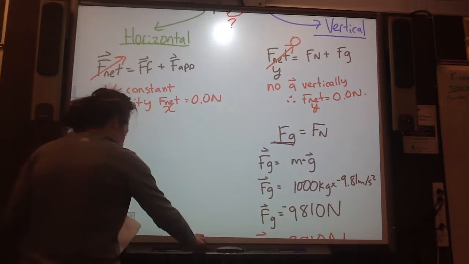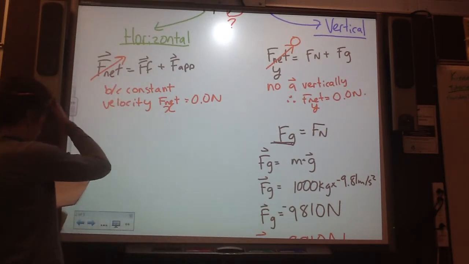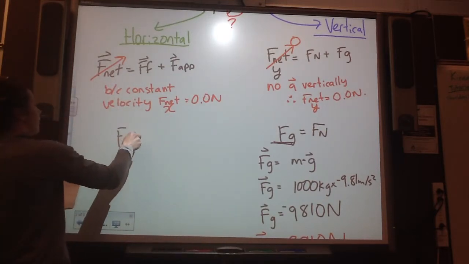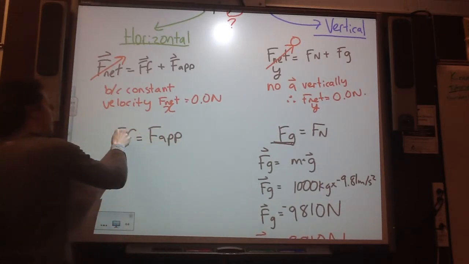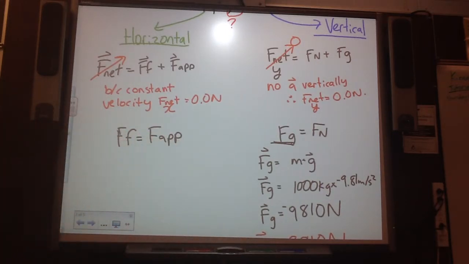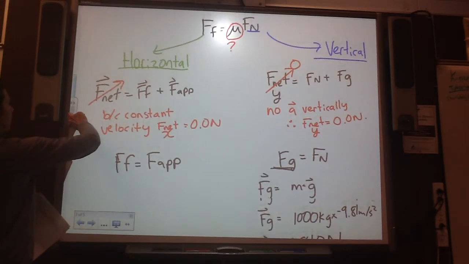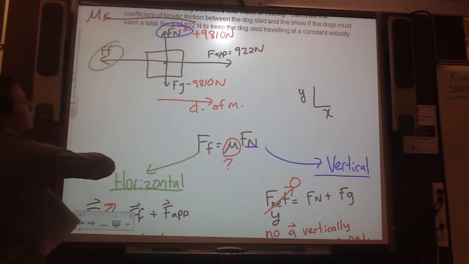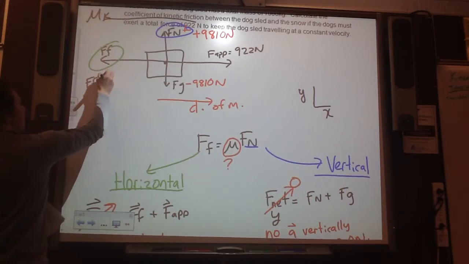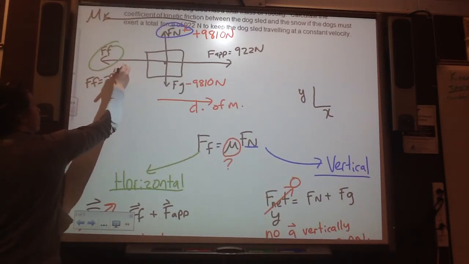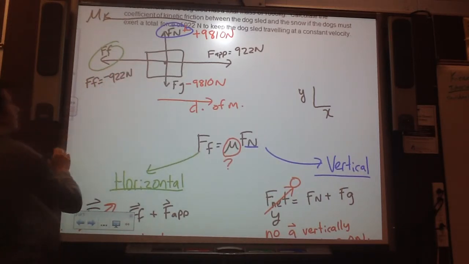Okay. So then I can say FF then is equal to FF. Well, what did I know about FF? Was I told that in my question? I certainly was. FF is 922 newtons, so I can set FF is equal to negative 922 newtons.